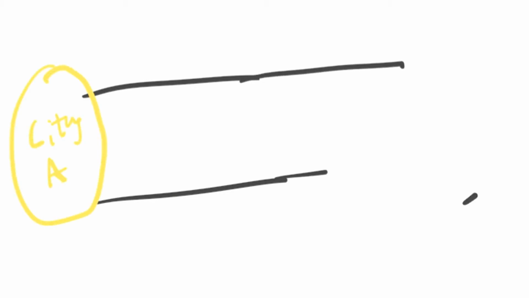And let's say there are these supply trucks with a lot of important supplies that a city is needing. And let's say this is city A. So there are these supply trucks.